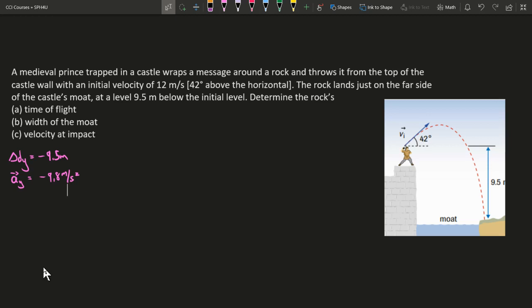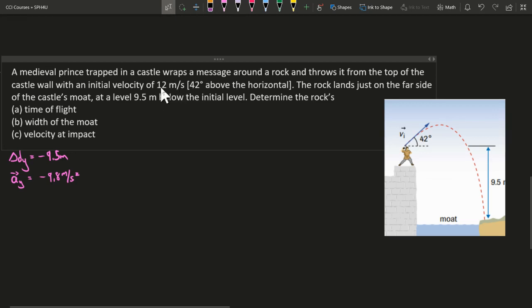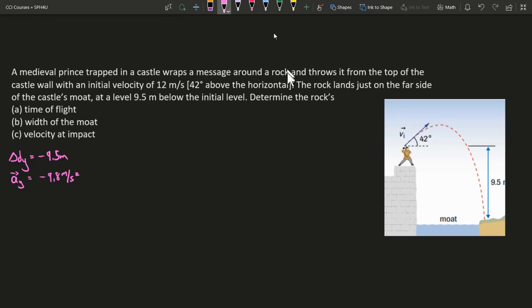And what else is given? Oh, shoot. You know what? This time it's been thrown at 12 meters per second upward, so it wasn't thrown horizontally. What that means is if I take my initial velocity vector here and put a 12 right there, and then 42 degrees here, I actually have two components, an initial velocity y and an initial velocity x.